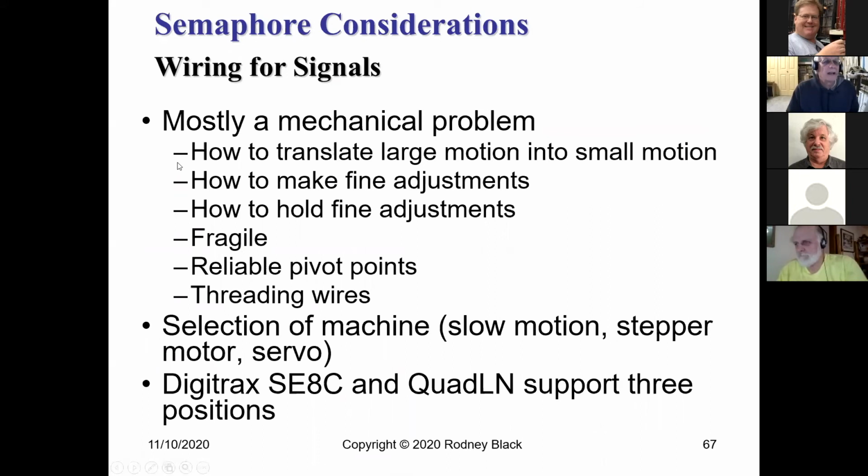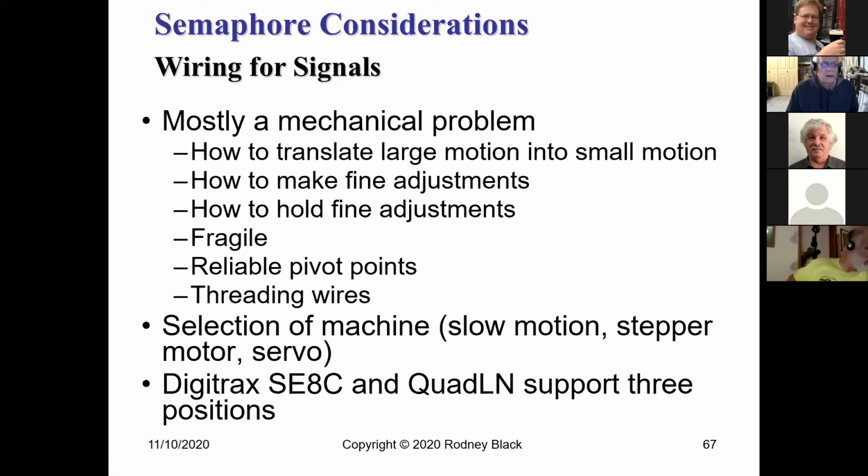The problems were, how do you translate the large motion of the Tortoises into the small motion required to move the blade? How do you make the fine adjustments? How do you hold the fine adjustments? They're very fragile. We've had problems with reliable pivot points and threading the wire through those tiny tubes in the masts.